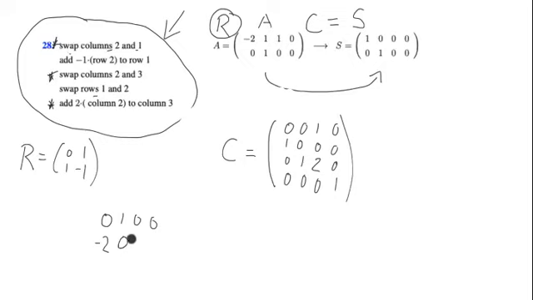Let's see, hold on a second here. So we have the first row. Yes, that's right. So we have the first row minus the bottom row. So negative 2, 0, and then we just have 1, 0. Okay. So now this is R times A, and we're going to multiply it by C. All right.